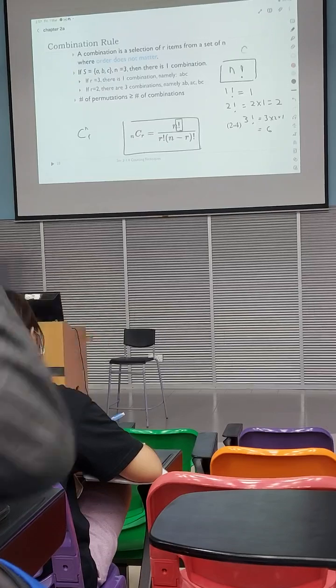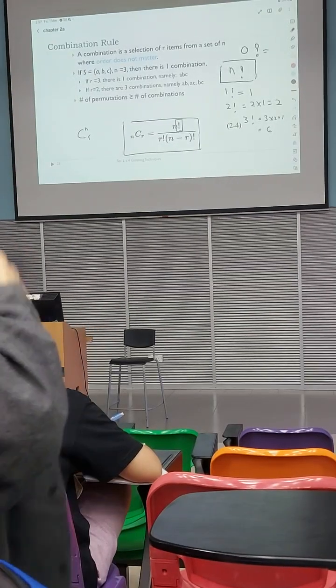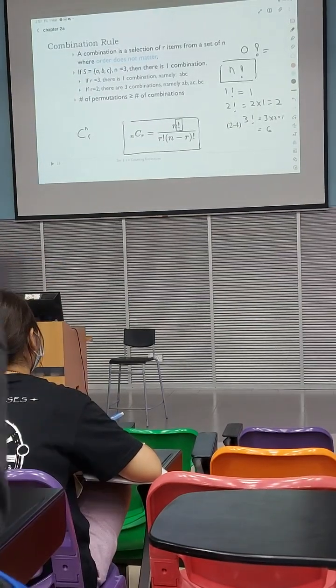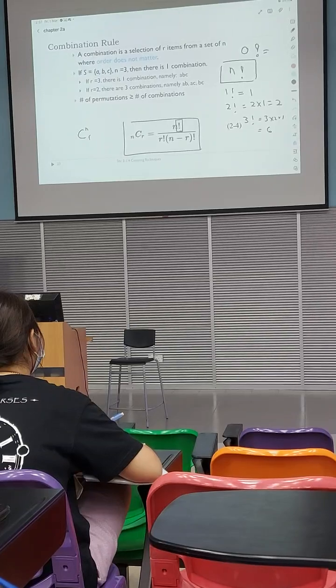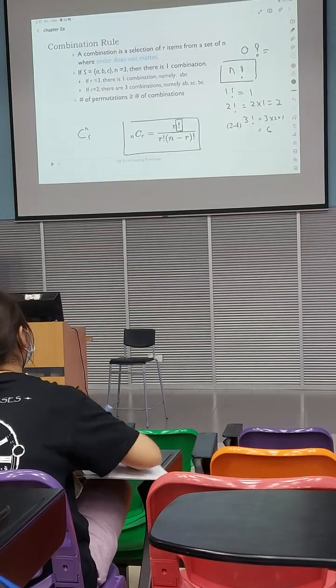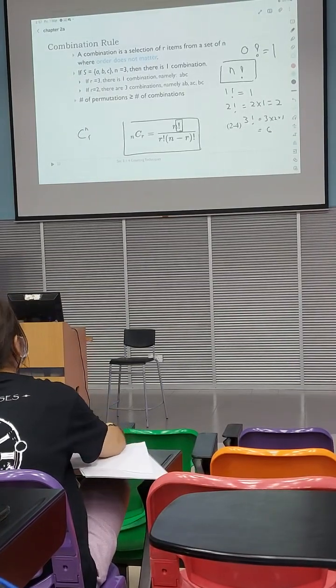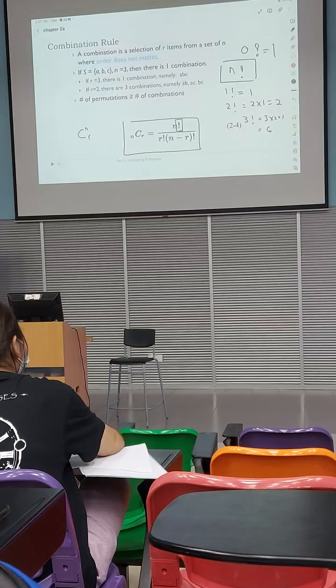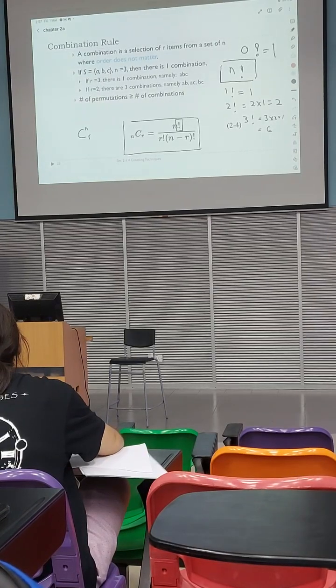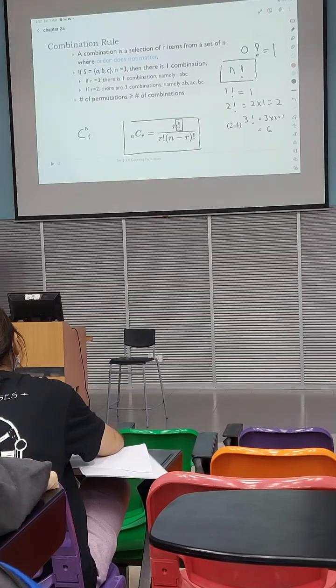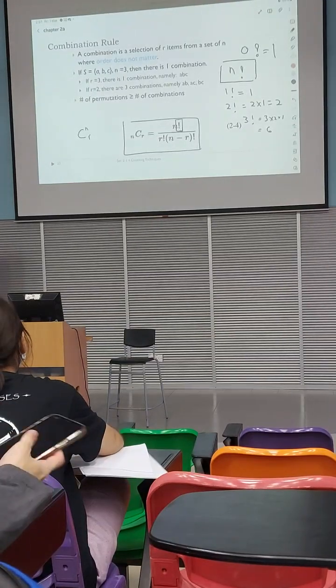So that is the meaning. How about 0 factorial? 0 factorial also equals 1. This is the special case of the factorial. So 0 factorial is equal to 1. Right now, let us have a look at this example.